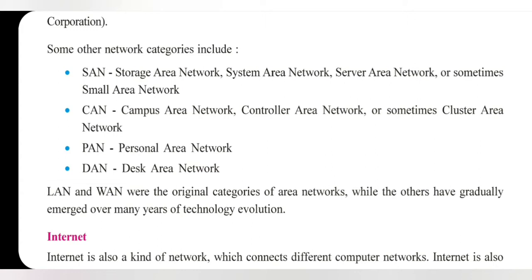Next is a PAN. PAN is a personal area network and DAN is a desk area network. But the LAN and WAN are the original categories of the area networks, while the others have gradually emerged over many years of technology evolution. So the three main categories of a network are LAN, MAN and WAN, that you have to remember.